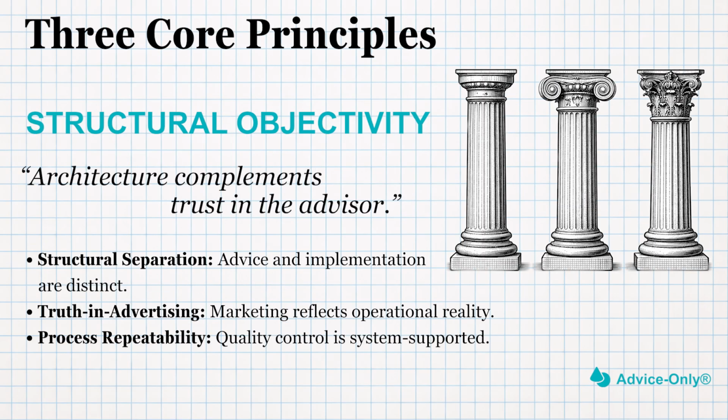The advice-only methodology rests on three core principles: structural separation, truth in advertising, and process repeatability. Together, these principles create what I call structural objectivity, advice that is supported by system design rather than by individual restraint or intention. Structural separation means that advice is never connected to selling, managing, or holding client assets.